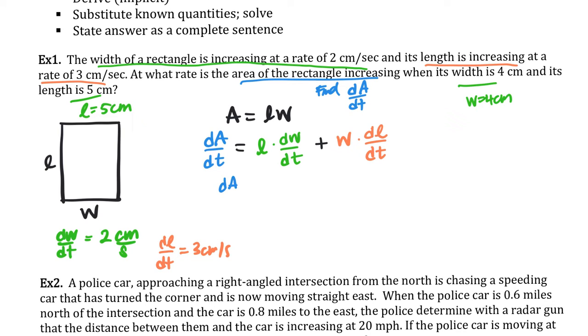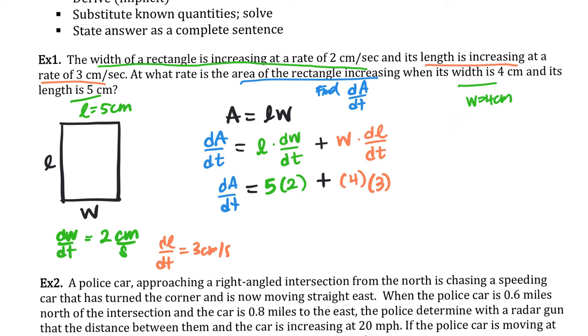Let me substitute in everything else. Equals, at the exact moment I want to evaluate it, the L is 5. dW/dt is 2. The width is 4. And dL/dt is the 3.